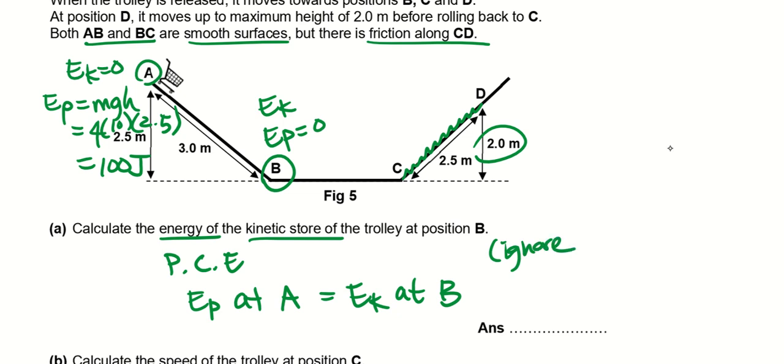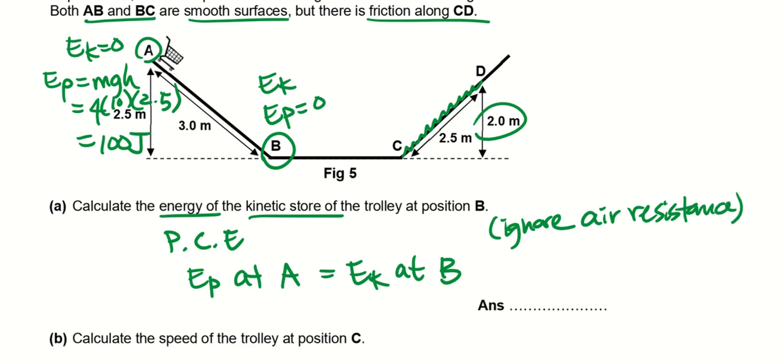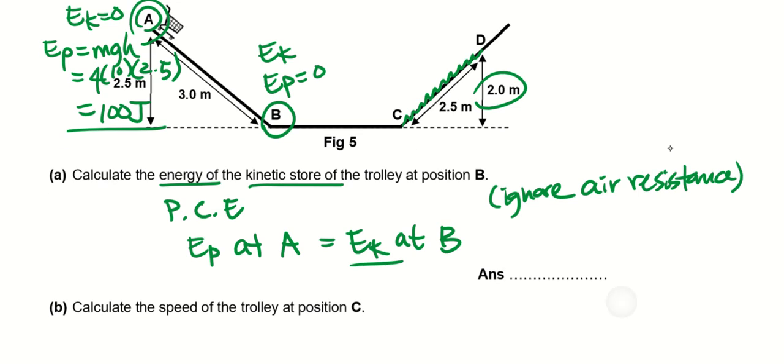And since there's no friction, all this energy from A, which only consists of energy in the gravitational potential store, will then be transferred to the energy in the kinetic store at B. So it is equal to 100 joules.